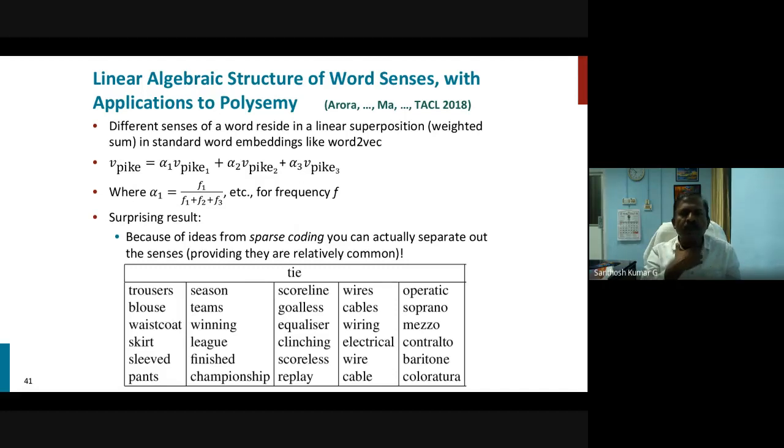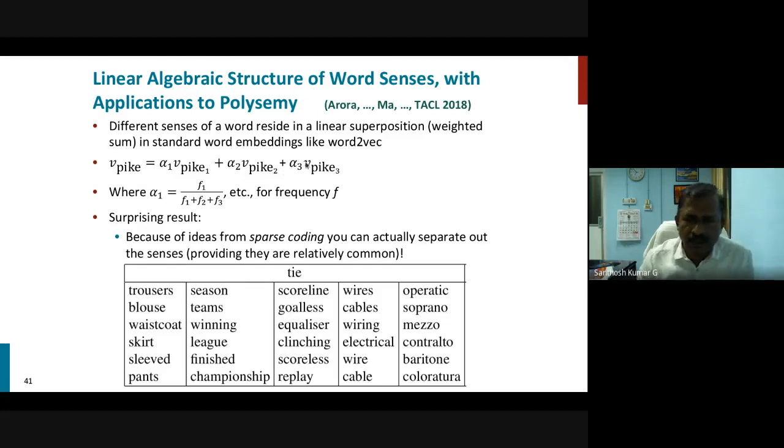Similarly, you can take different senses and do a linear superposition of these. For example, the vector pike will be a linear combination of the vectors that you have learned. Pike 1 is one vector, pike 2 is another vector, pike 3 is another vector, and you give some weightage to these vectors and make a linear superposition.